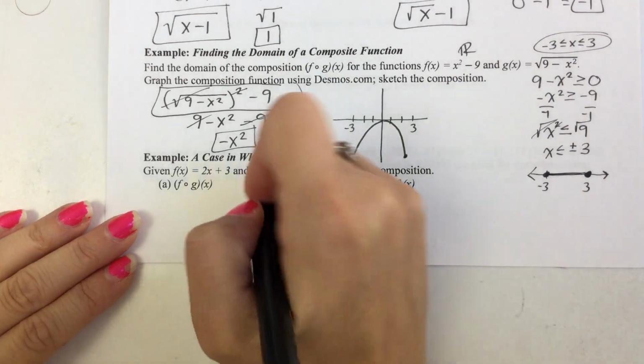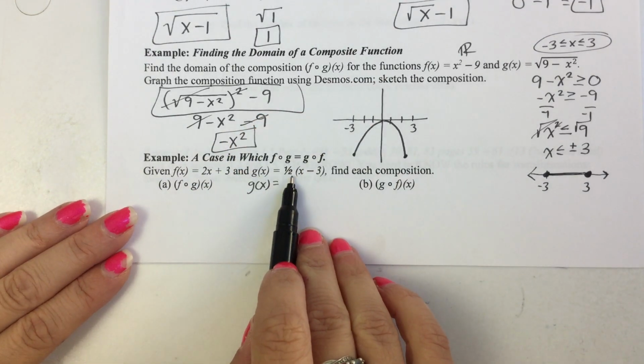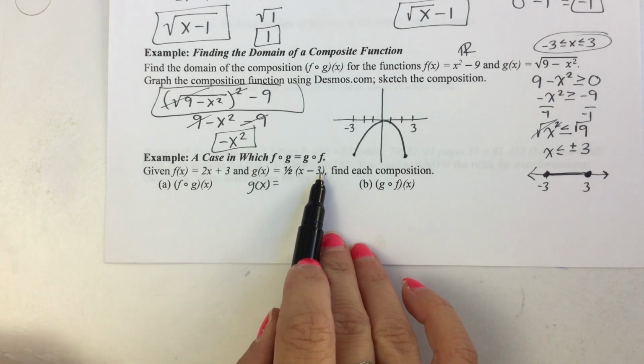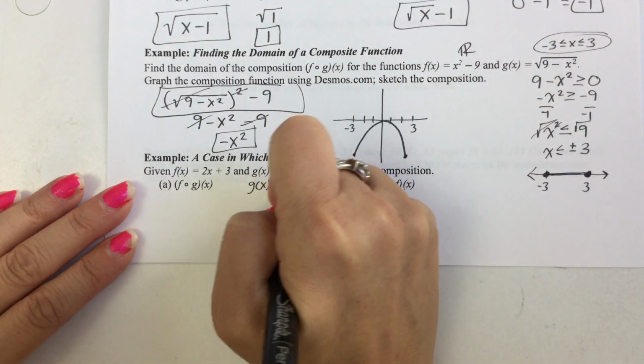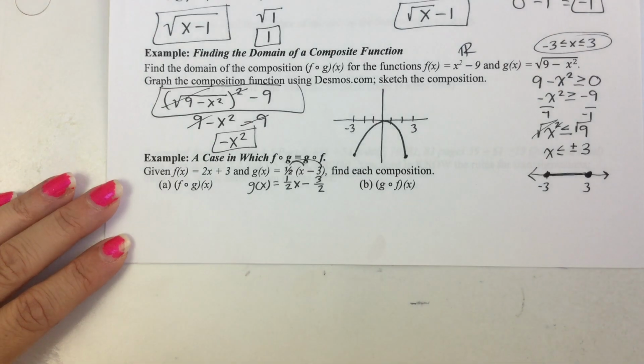One thing, I do not like g of x like this. I just figure let's go ahead and distribute. Why deal with parentheses when I know I'm going to add additional parentheses as I do the composition? So 1/2 times x is 1/2 x minus 1/2 times 3 is 3/2.